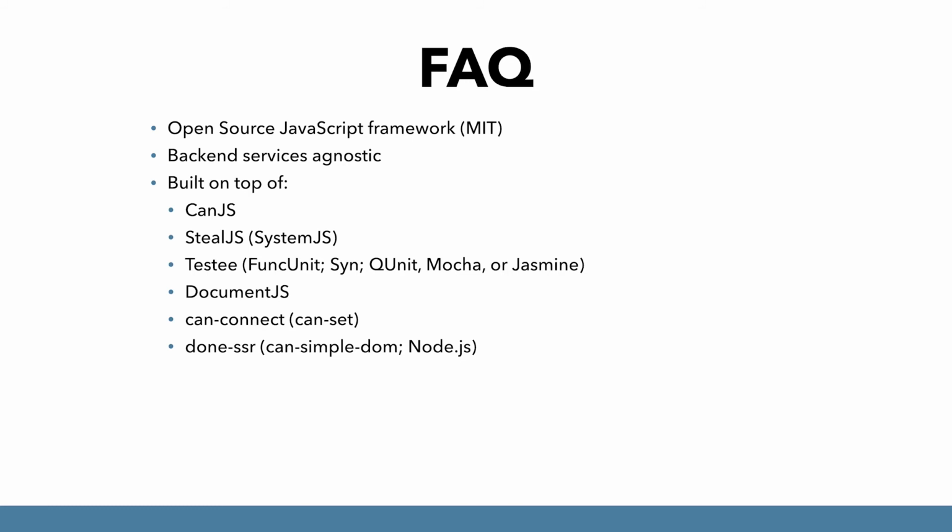Done.js supports Chrome, Edge, Firefox, the usual suspects, IE9 and later, and Safari, and we test for desktop and mobile, so your apps will work on iOS as well. The Done.js CLI can be used on Linux, macOS, and Windows. We support back to Node 4 and later. Today, our demos are going to be with Node 8 and NPM 5.